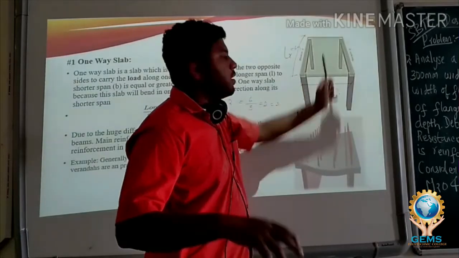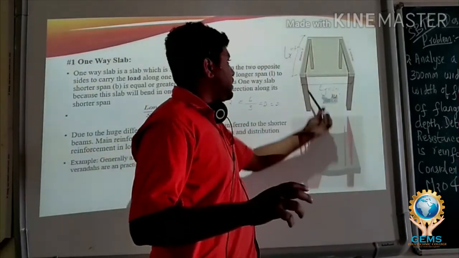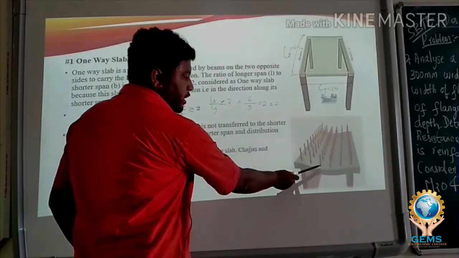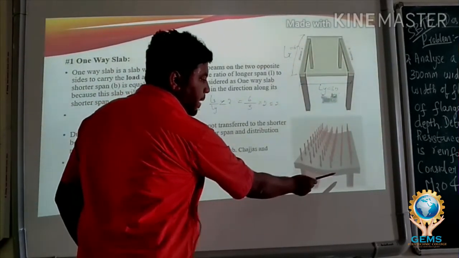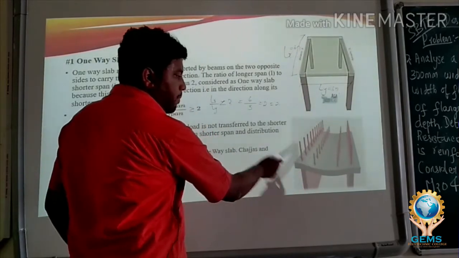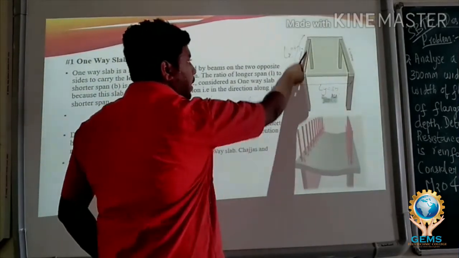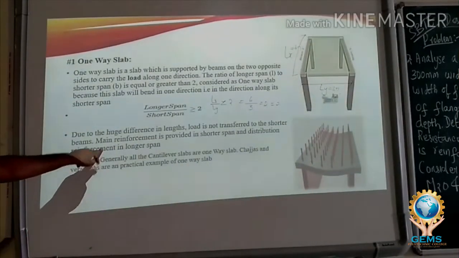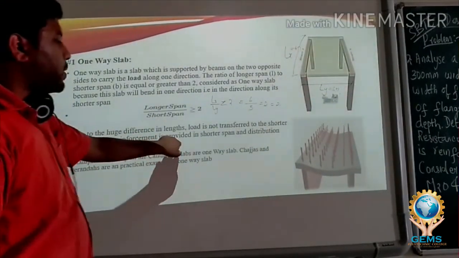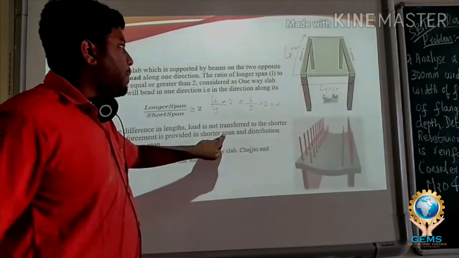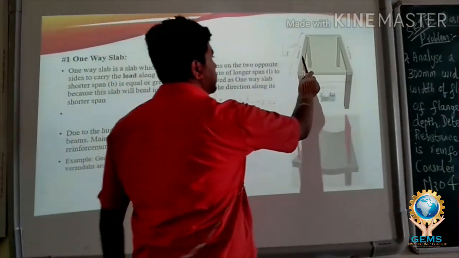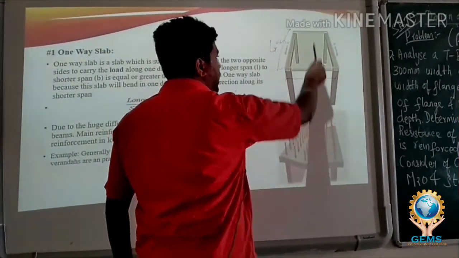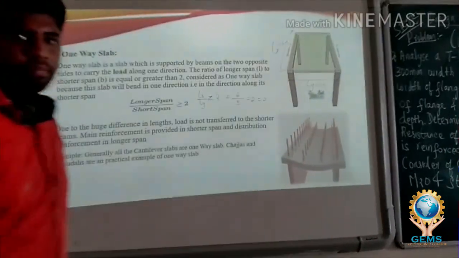You can see in this picture, the load is applied, bending is applied in only one direction, and the load is transferred to the longer side of the beam. So main reinforcement is provided in the shorter span, and distribution reinforcement in the longer span.